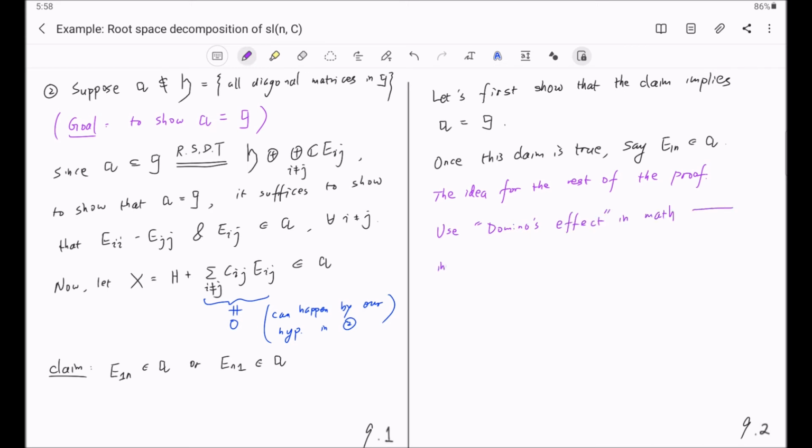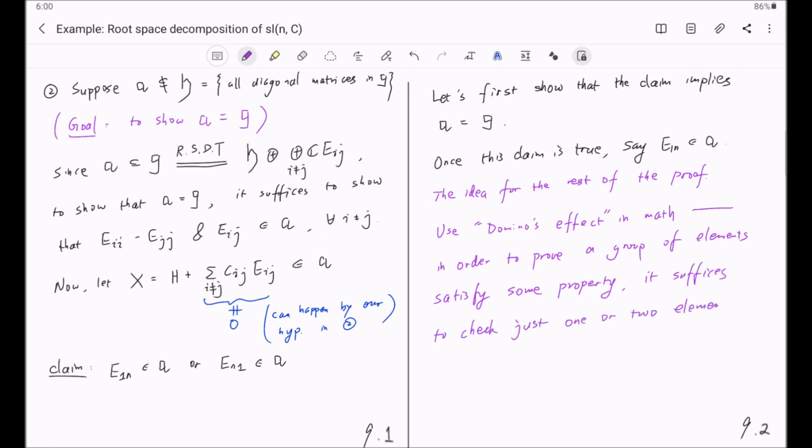Namely, in order to prove that a group of elements satisfies some property, it suffices to check that property just for one or two elements in that group, and establish the relations between these one or two elements and the rest of the elements.